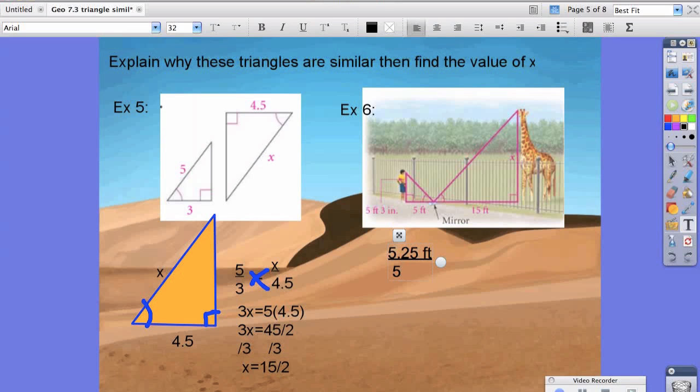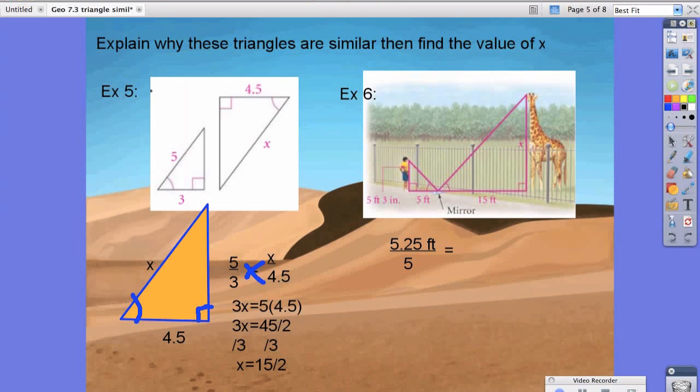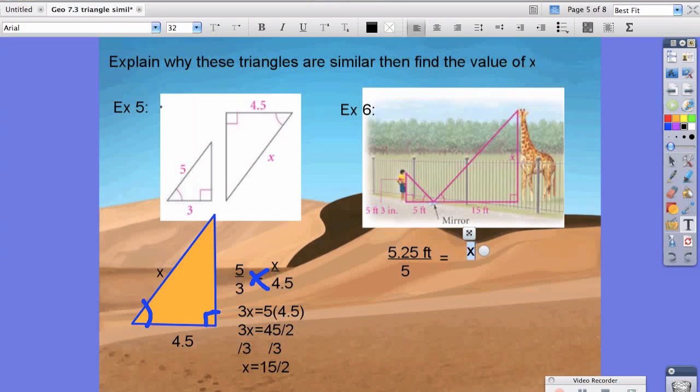Divided by 5 because of the distance from the person to the mirror equals, notice again, 5 1/4 is the height, 5 is the length in the horizontal. Then we're going to do the same thing with the giraffe. The height we don't know, and we're going to divide that by the distance to the mirror, which is 15 feet.